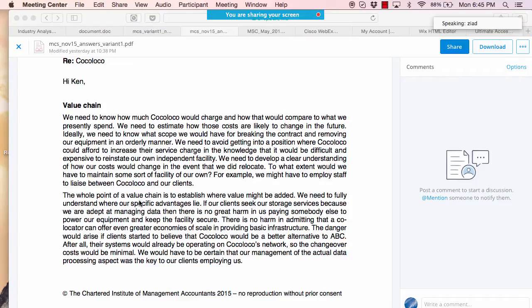The whole point of value chain is to establish where the value might be added. This is the key, correct? This is what we miss. It's good to put this padding in, but the whole point of value chain is to establish where value might be added. We need to fully understand where our specific advantages lie. Why would you separate things in a value chain?